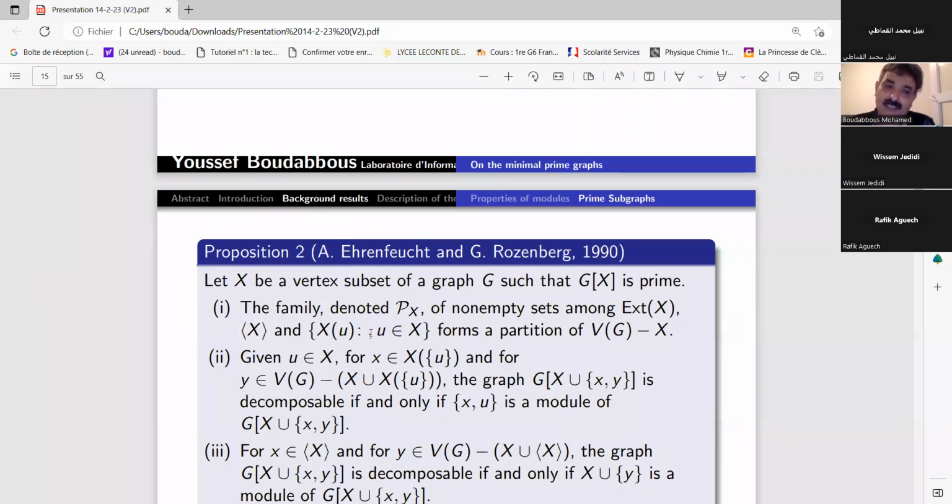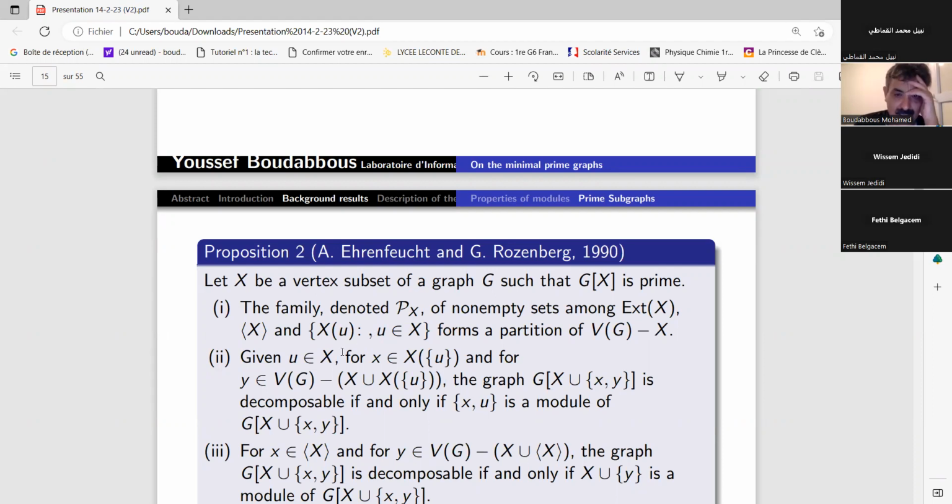The family denoted Px of non-empty sets among extension X, Cauchy X, and xu, where u belongs to X, form a partition of Vg minus X. Thus, it is the partition theorem of Ehrenfest-Rosenberg. We have a partition of the vertices outside a proper prime vertex subset.